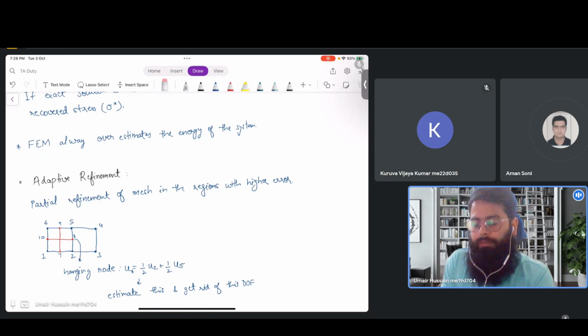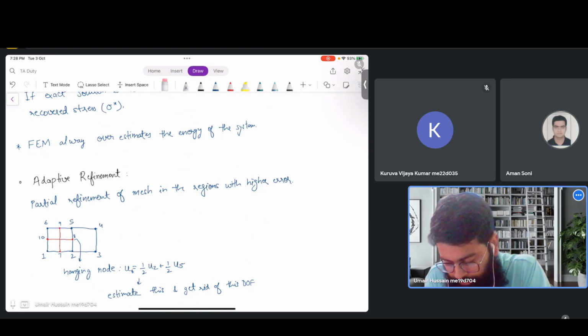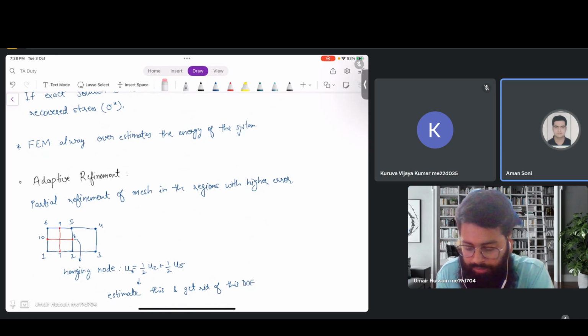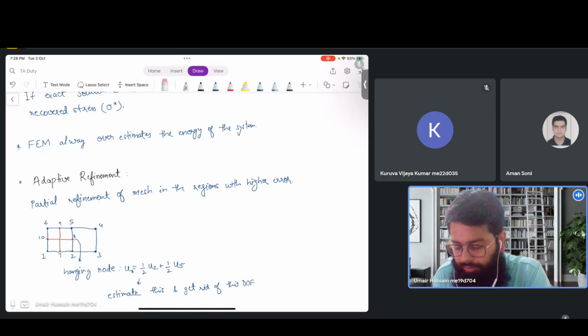Next interesting topic we discussed was adaptive refinement. So adaptive refinement means we define certain parts of the domain more finely than the other parts, based on the error. This can be done in two ways.